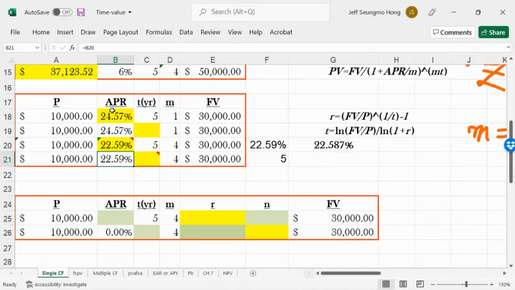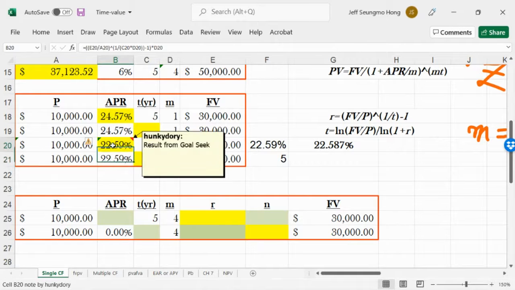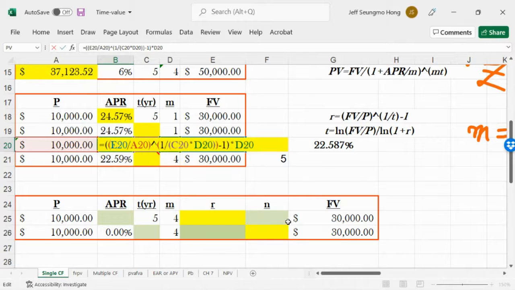But then again, I've been telling you, the simpler the model, the better it is. The simpler the model, the better it is. Why? Because if something goes wrong, anything structurally simpler is easier to fix.